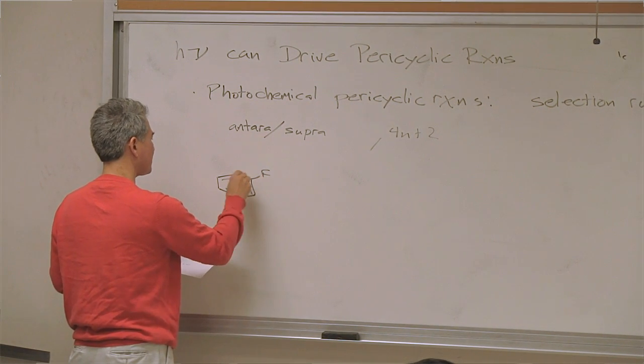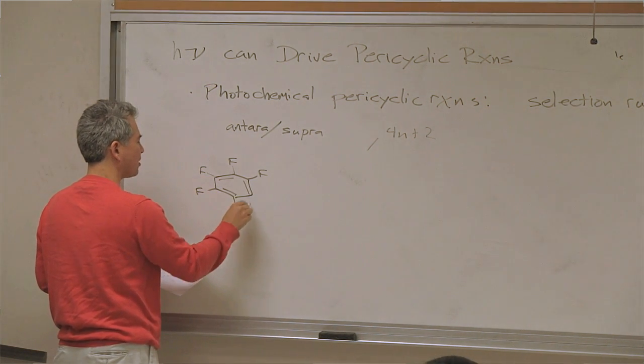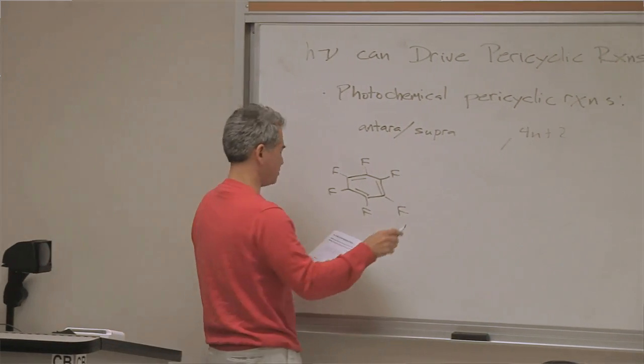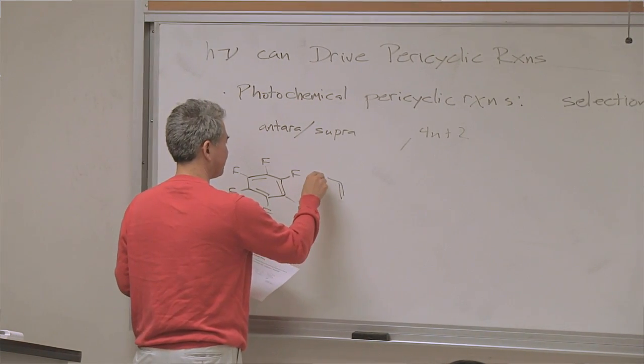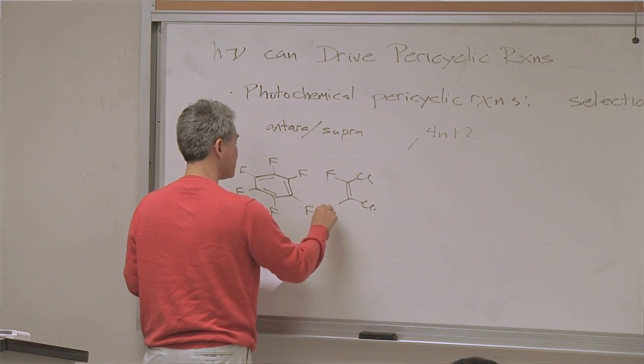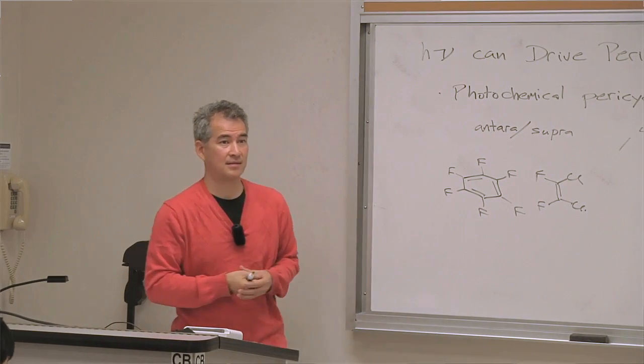So here's an example of hexafluorobenzene. And the important part is that there's double bonds, and we can think of the pi system as reacting as a 2-pi component. And so you can do a 2 plus 2 suprafacially, face to face. Right?